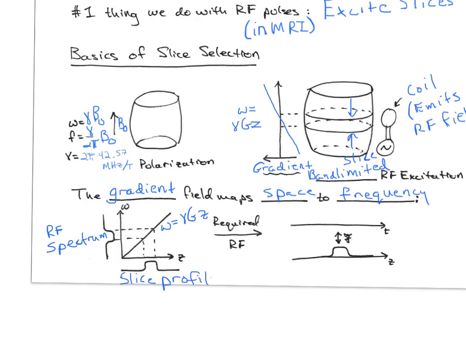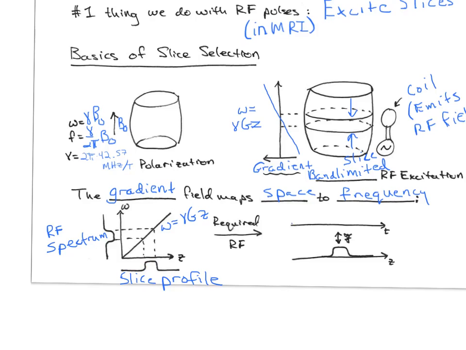Only magnetization within the same bandwidth as the protons that have the frequencies of the RF pulse will be excited significantly. The rest will be left pointing along B0. This slice profile is really plotting the magnitude of the transverse magnetization component, and you'll see that again in a little bit.